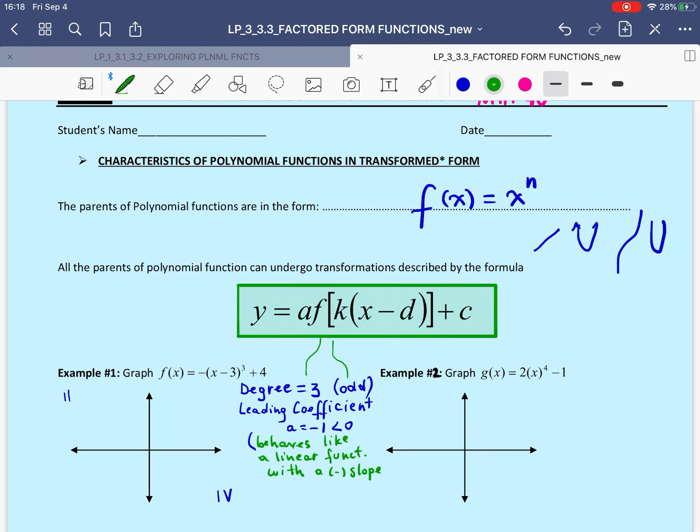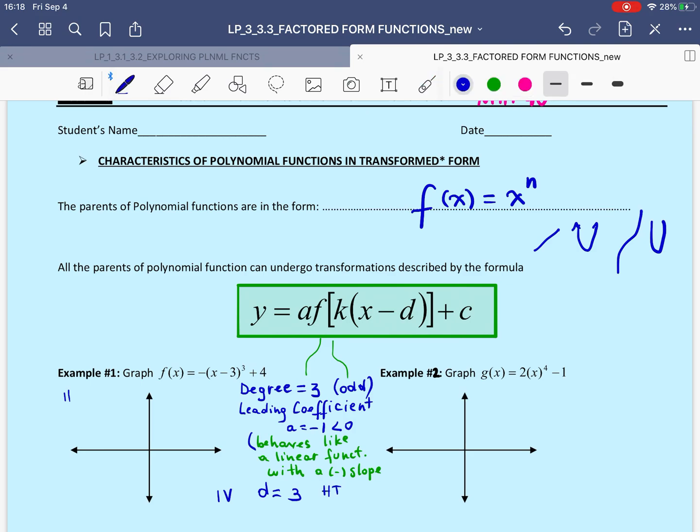The next thing we want to look at is the numbers 3 and 4 that we see in this equation. So number 3 helps us determine coefficient d, which is positive 3. Remember that the negative sign has nothing to do with the value of d, so it's minus a positive 3.